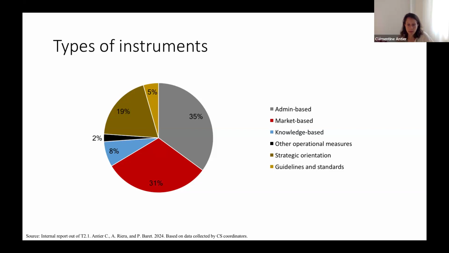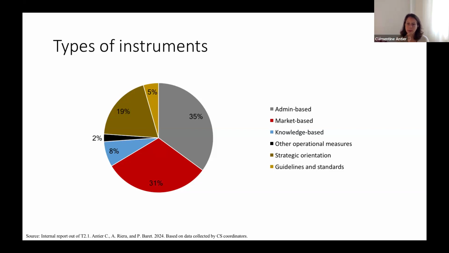And we have a nice repartition of those different instruments, except that we can notice that knowledge-based instruments are somehow a smaller share compared to administrative-based instruments and market-based instruments.